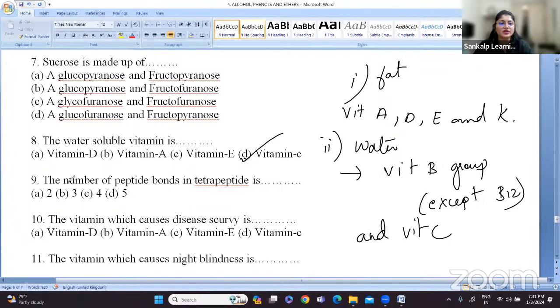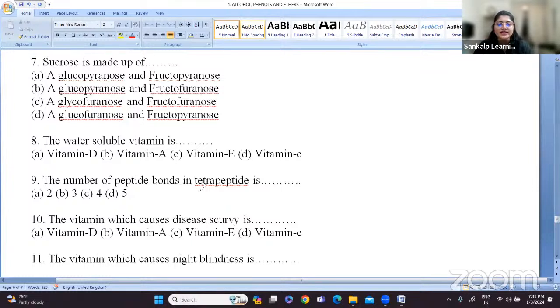Next question. The number of peptide bonds in tetrapeptide is. What do you mean by peptide bond?